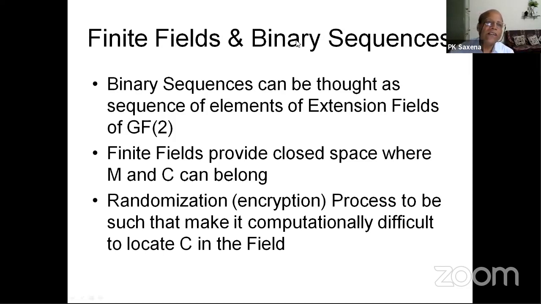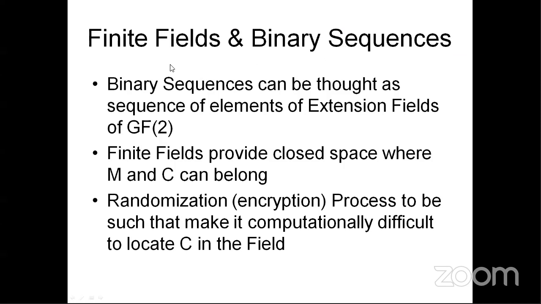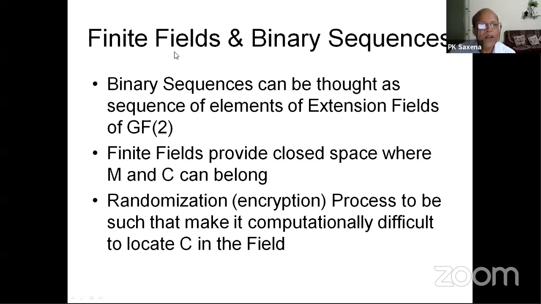As I told, these finite fields and binary sequences play a significant role in modern day crypto systems, because information, whether it is text or speech or fax or whatever it is, in our modern communication and computer digital systems is represented in terms of zeros and ones, and then groups of zeros and ones.